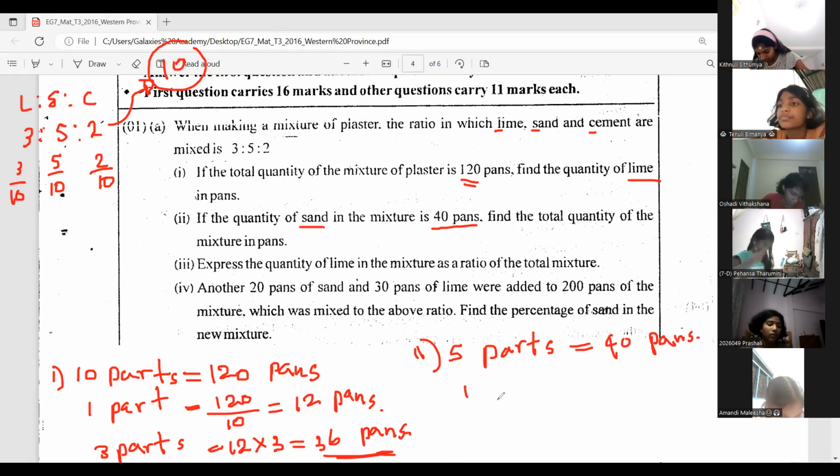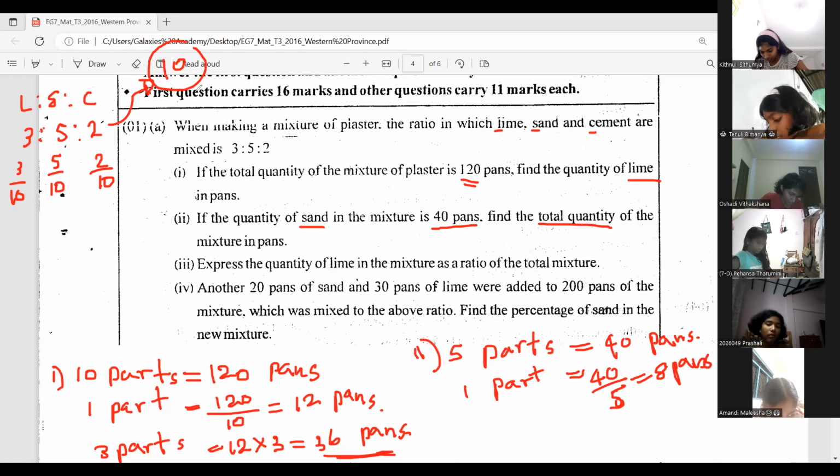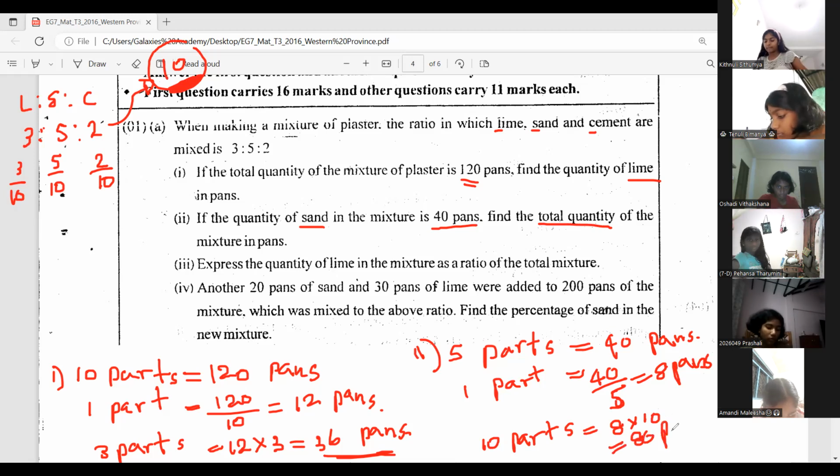Then you can find the 1 part value. What is the 1 part value? 40 divide 5. What is the answer? 8 pans. Then this question asks, find the total quantity. Total quantity means 10 parts. If 1 part is 8, 10 parts, 8 multiply 10. So what is the answer? 80 pans.